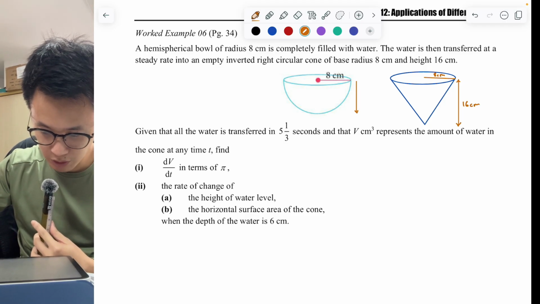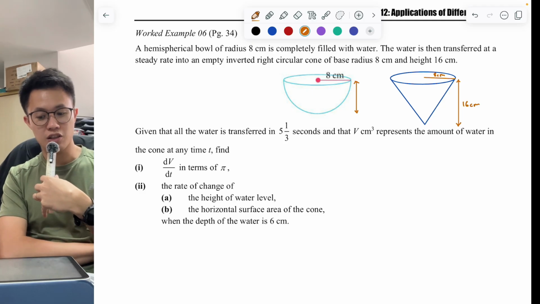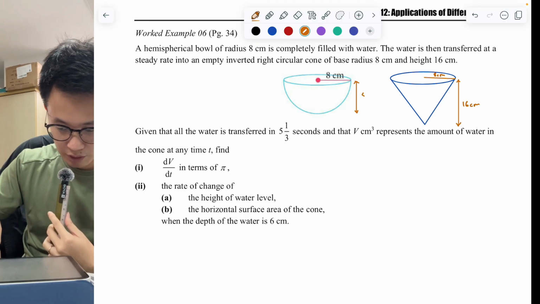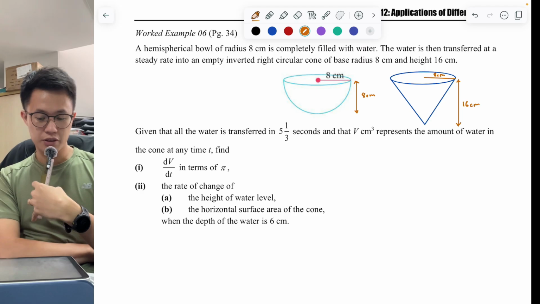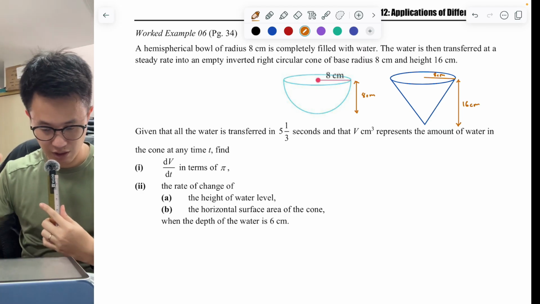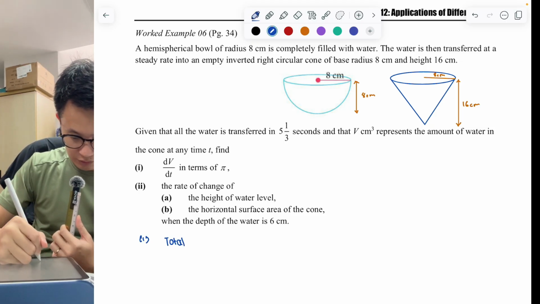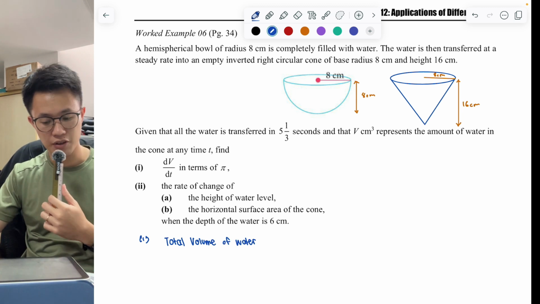Number one, we can actually easily tell what is the total volume of water. So what's the total volume of water? Okay, the height here is actually still 8 cm, right? Because it's a hemispherical bowl, right? So we can easily find the volume of water inside here. So the total volume of water is in fact equal to the volume of the hemisphere, right?